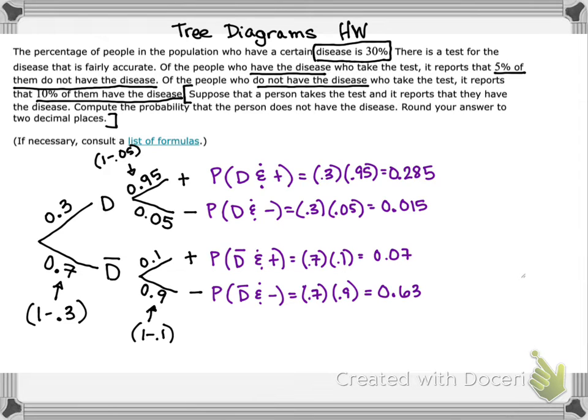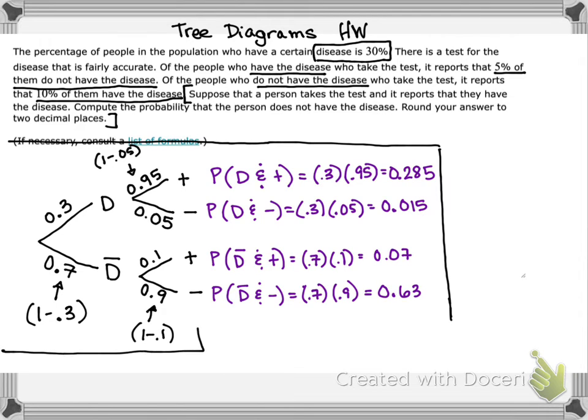So I'm going to draw a line here around our diagram to say, this is my picture. Everything else comes from what we already know. Suppose that a person takes the test and it reports they have the disease.